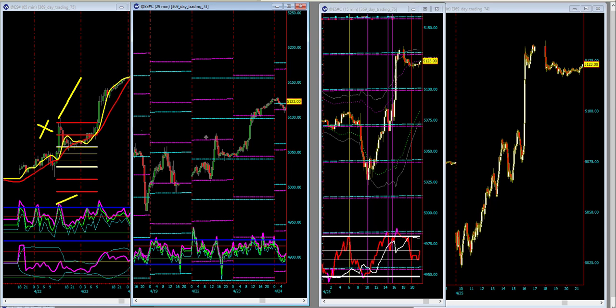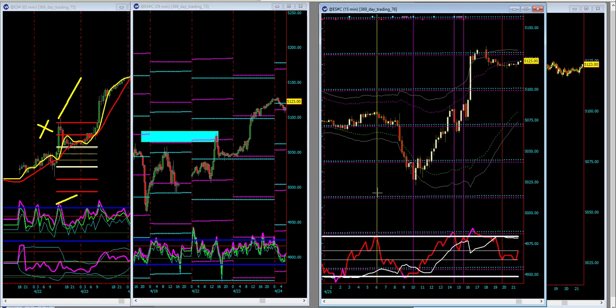Let me mark it for convenience. We also want to check if there is a probability of a smackdown. We look at the balance imbalance on 30 minutes as well, and you see it is above the blue levels, so the possibility is now biasing towards the short side. So we have already qualified this.